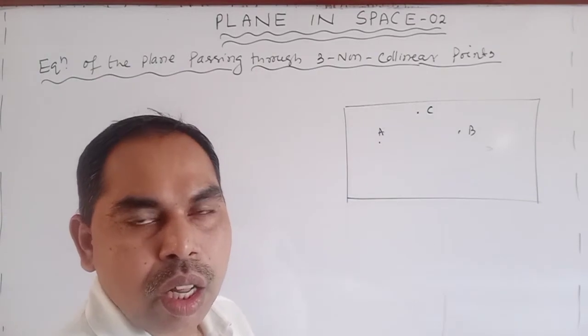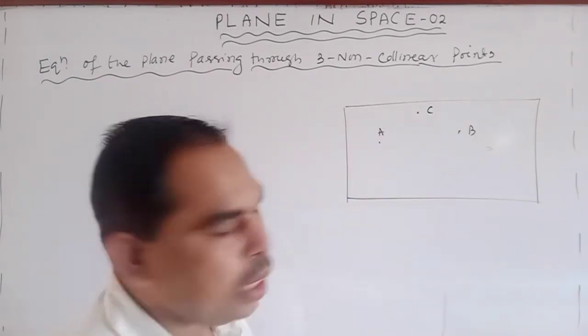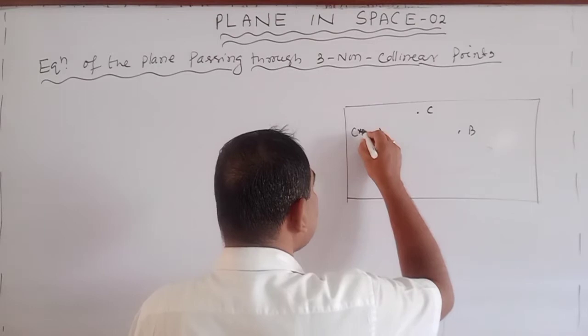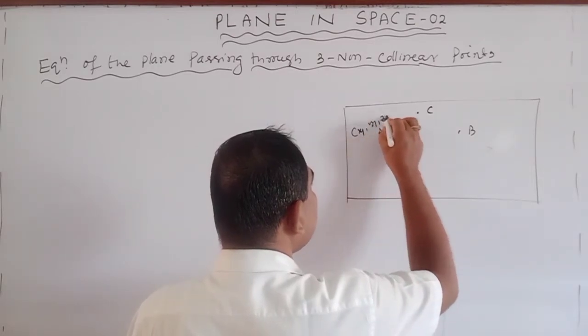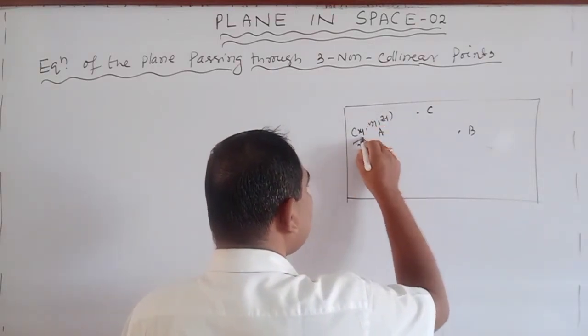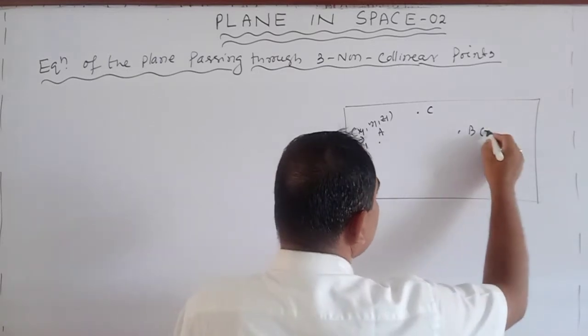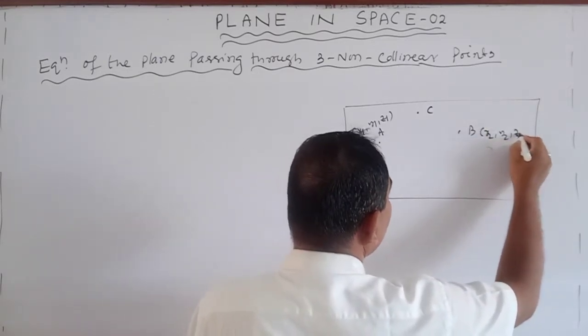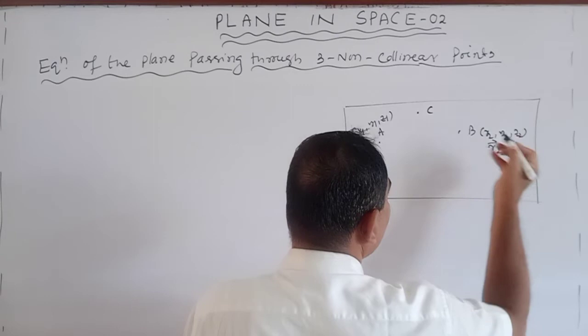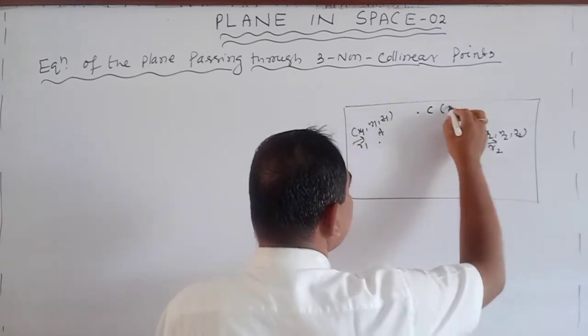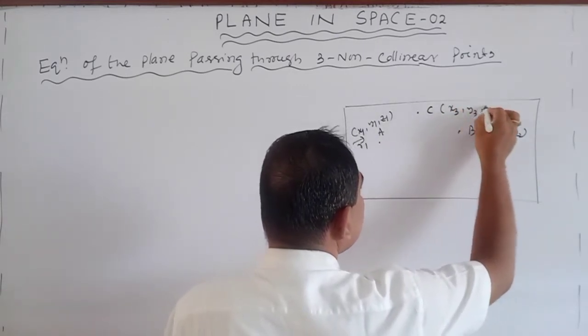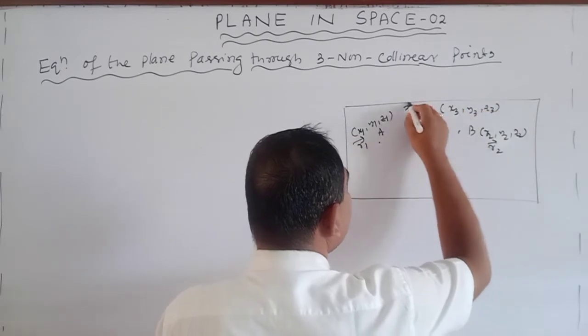All 3 points lie on a single plane, having coordinates A (x1, y1, z1), position vector r1 vector; B (x2, y2, z2), position vector r2 vector; C (x3, y3, z3), position vector r3 vector.